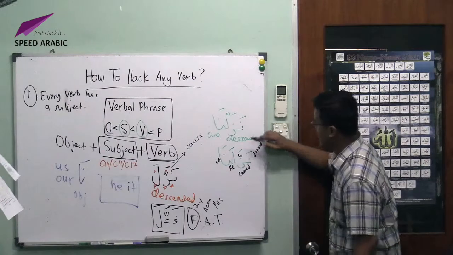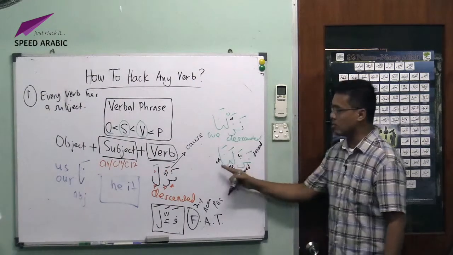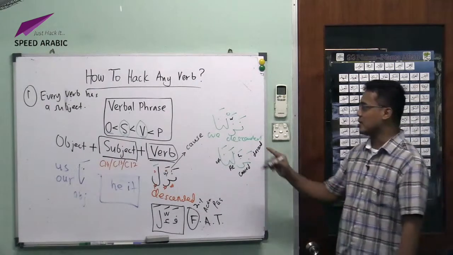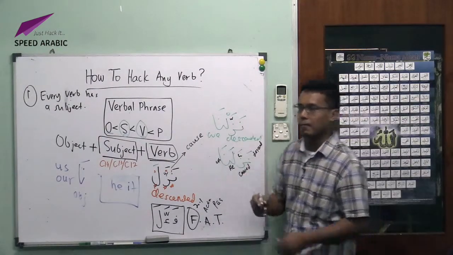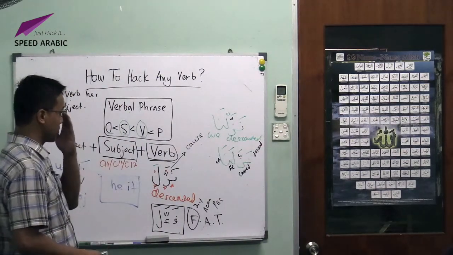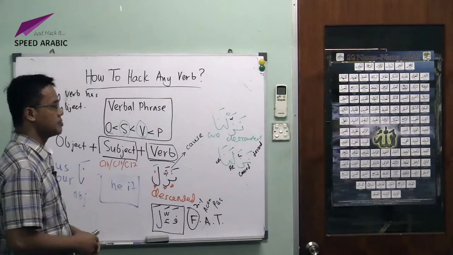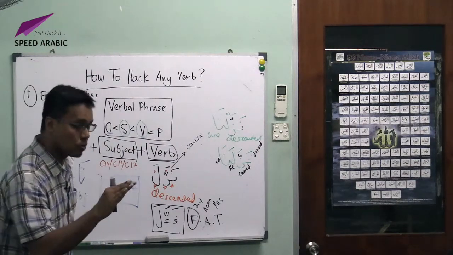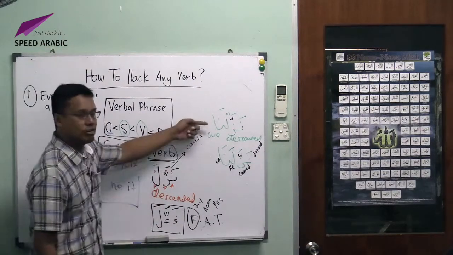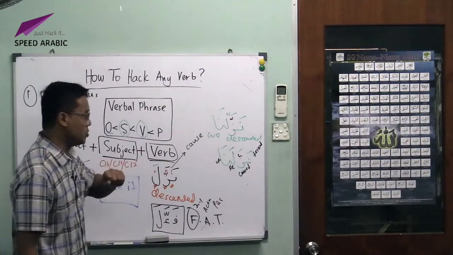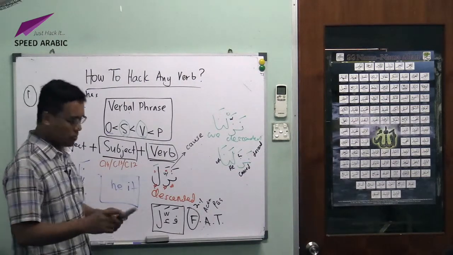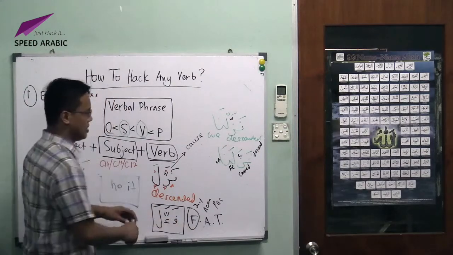See that? Okay, so he caused us to descend. That is nazzalana. But what about nazzalna? So okay, we caused to descend. Any object here? No, right? No.